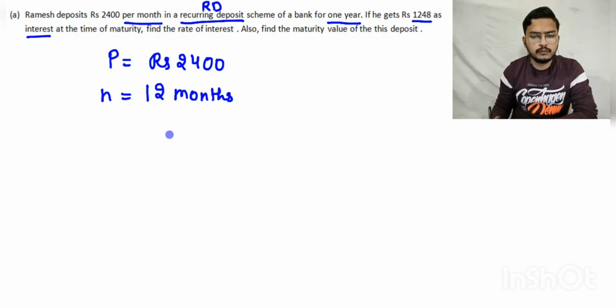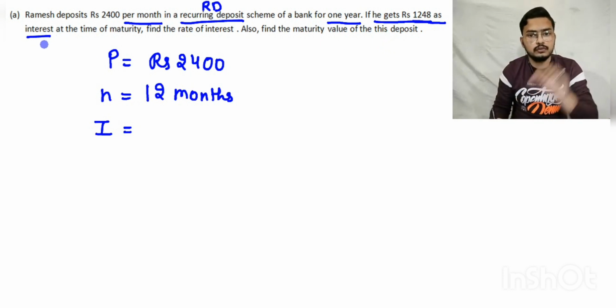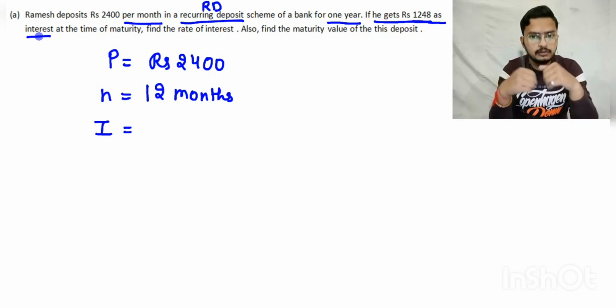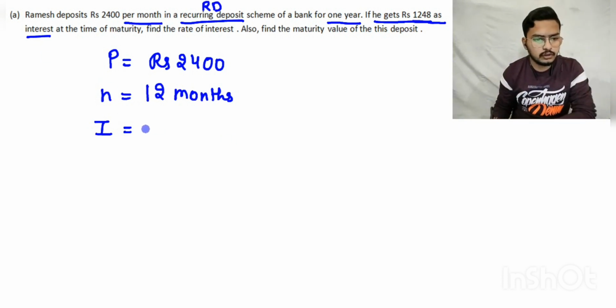And this 1248 is the interest which he is getting. He gets rupees 1248 as interest, so the statement is saying that he is getting 1248 as an interest amount. So interest is rupees 1248, right? At the time of maturity, find the rate of interest.